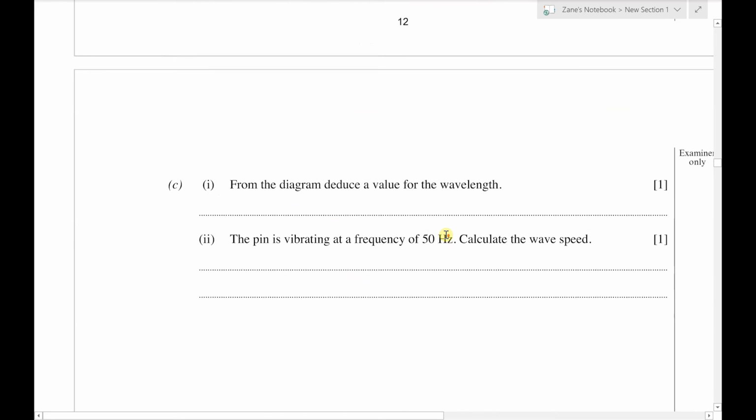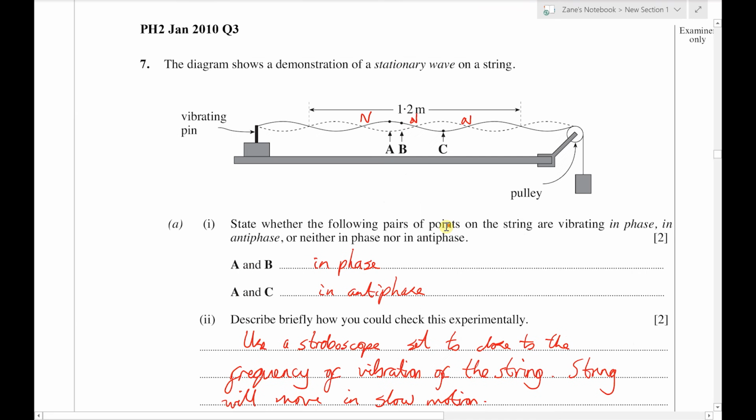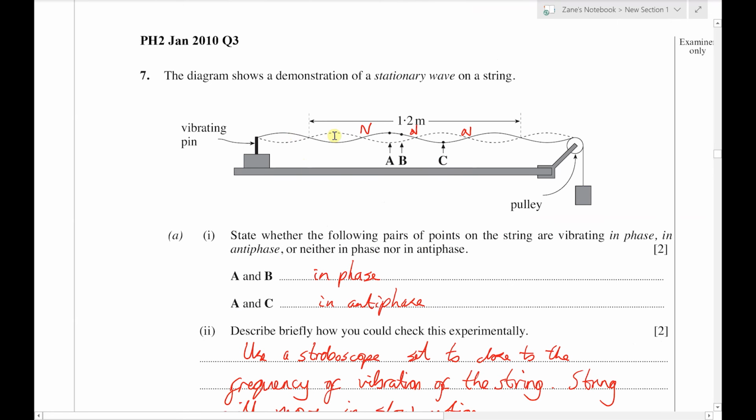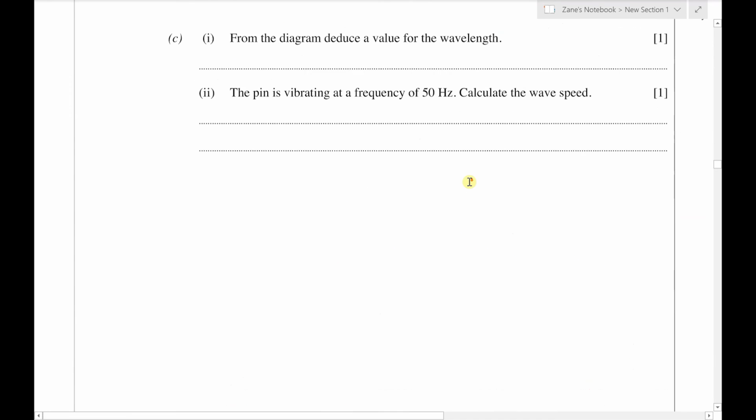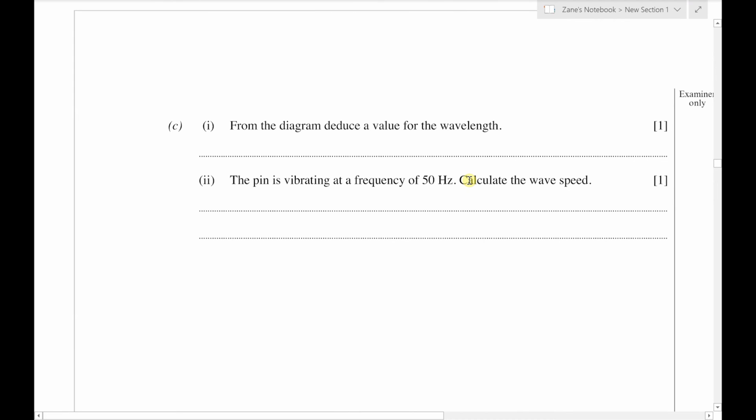For the diagram, we've got to deduce a value for the wavelength. So if we go back to this diagram, we've actually got 1, 2, 3, 4, 5, 6 loops in 1.2 meters. Each loop is half a wavelength, so we have 3 wavelengths in 1.2 meters, and hence the wavelength is 0.4 meters.